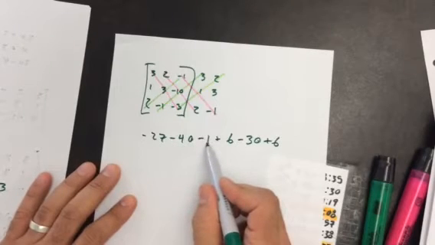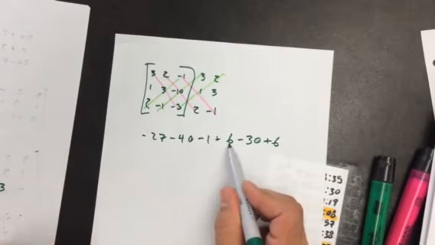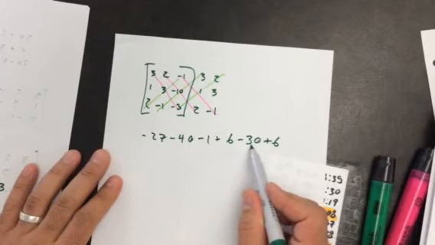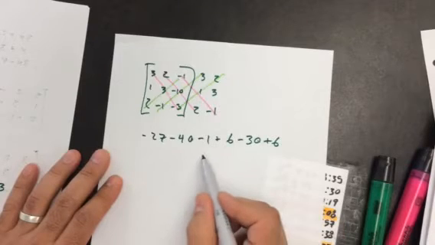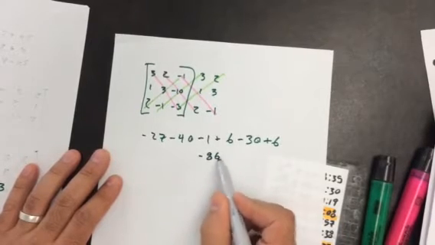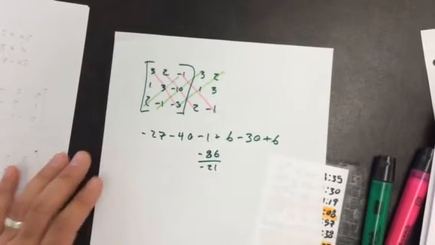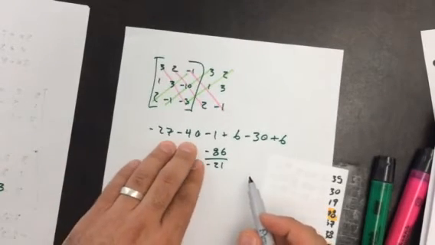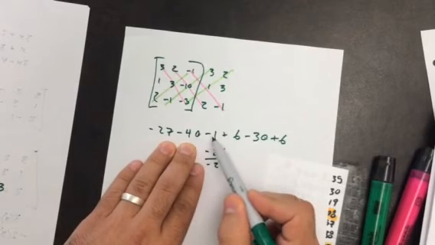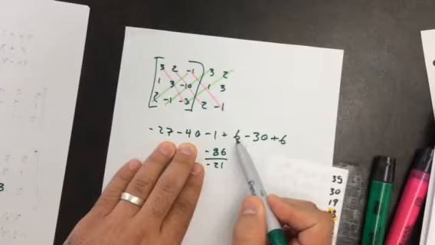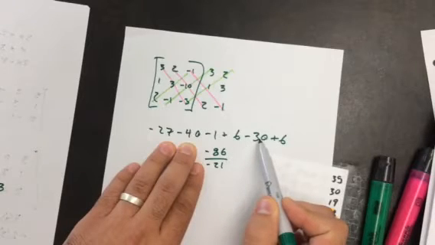Gives me -67, -68, -62, -92, -86. Did I do that right? 67, 68, 62, 92.